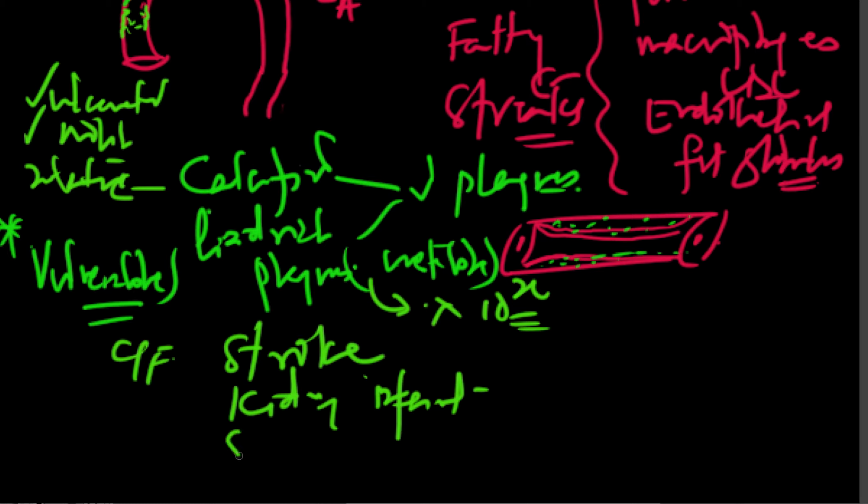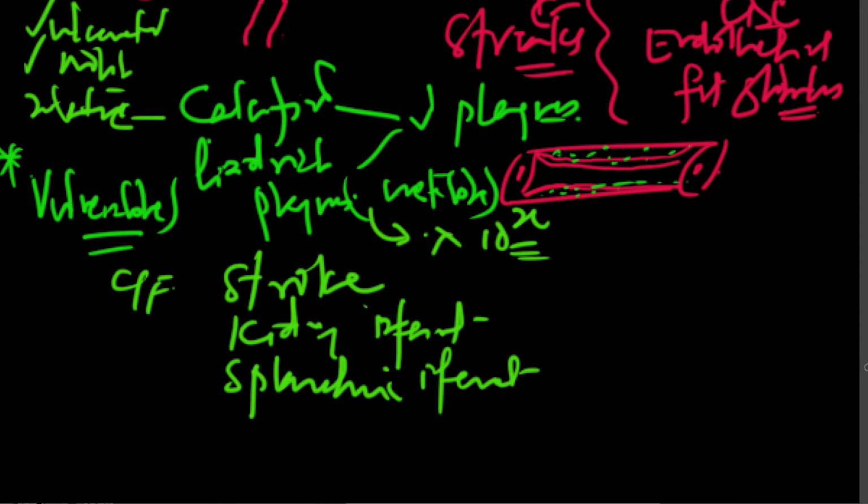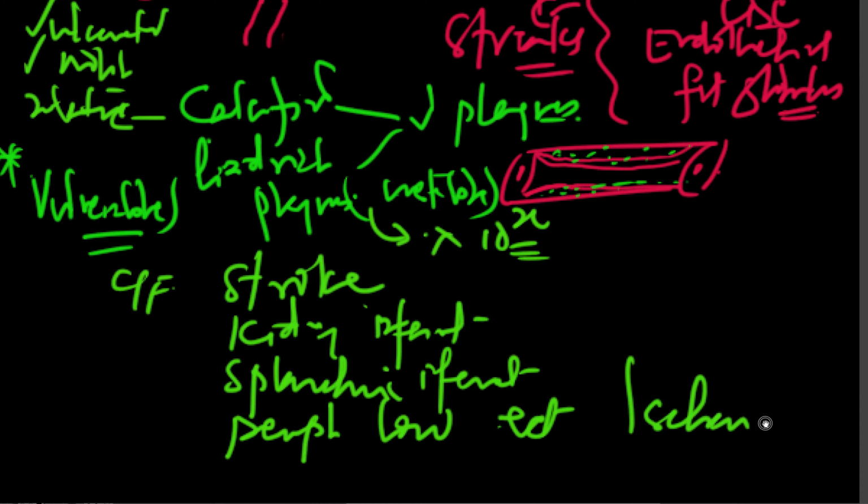So splanchnic infarcts can occur. Splanchnic arteries supply the GI system, the liver and spleen. Liver infarcts and splenic infarcts are notorious. And then peripheral embolization, if you will, into the lower extremities. So peripheral lower extremity emboli or ischemia can develop as well.